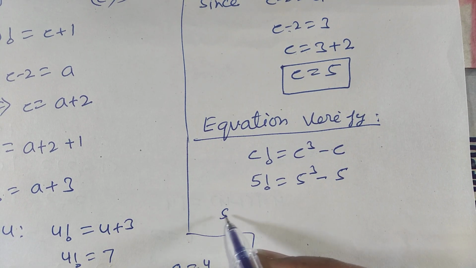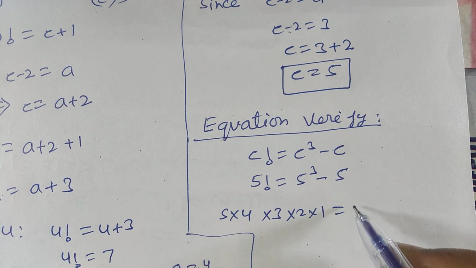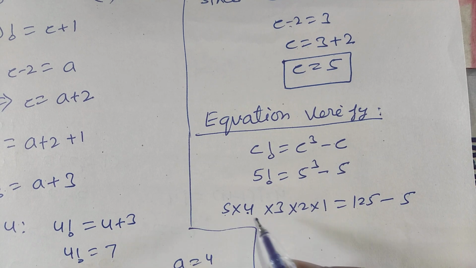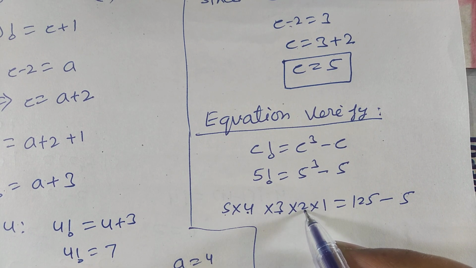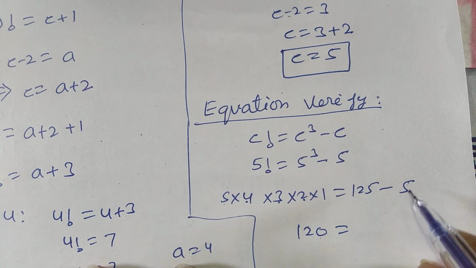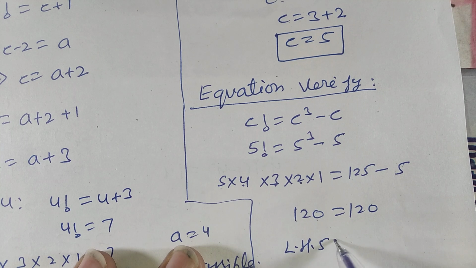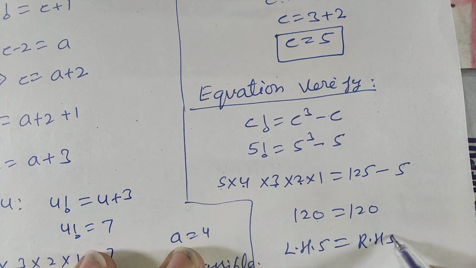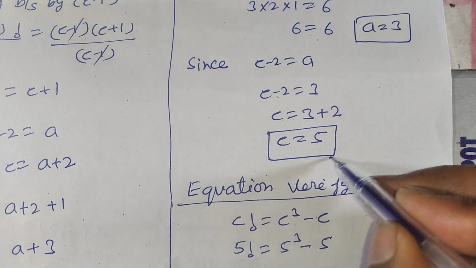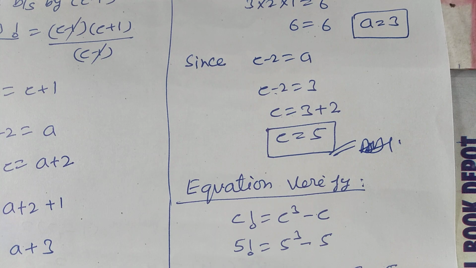Factorial 5 means 5 into 4 into 3 into 2 into 1, which is 120, equal to 5 cube, which is 125, minus 5, which is 120. LHS is equal to RHS. Then c is equal to 5 is the correct answer to that question.